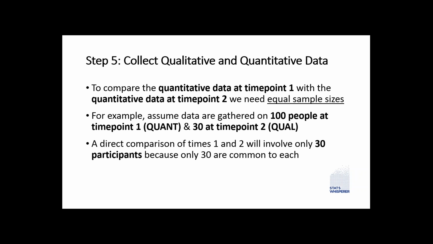So if you're making a study design and you plan to have fewer people in the qualitative or the quantitative relative to the other strand, you need to keep this in mind, that a full comparison won't be possible. And that's a major point.